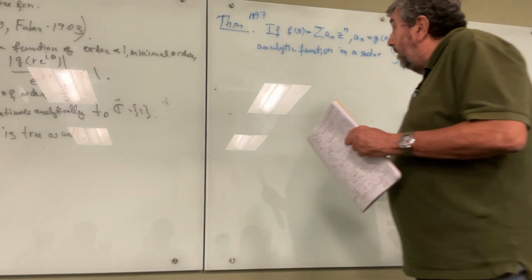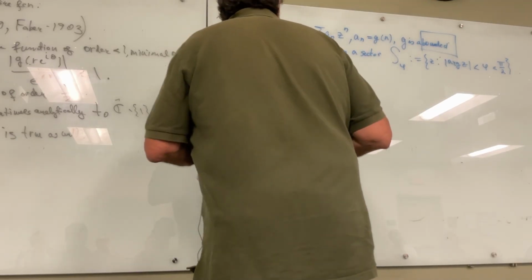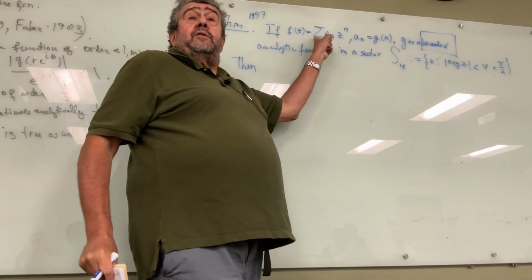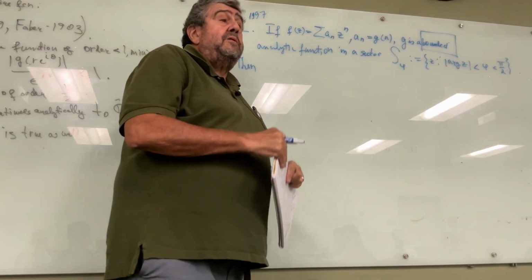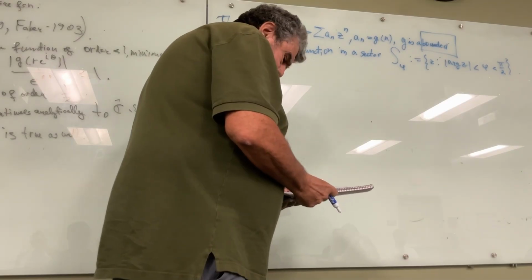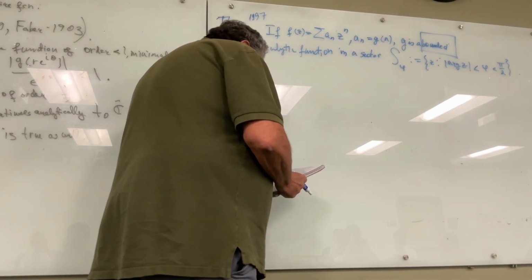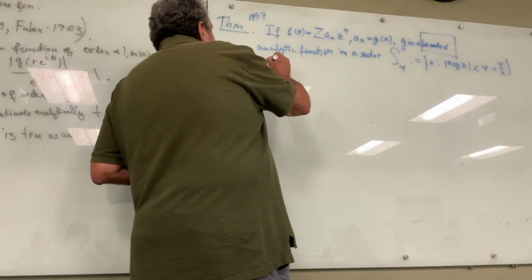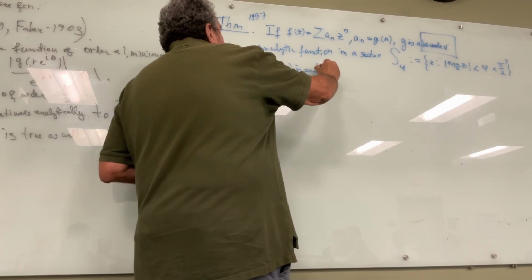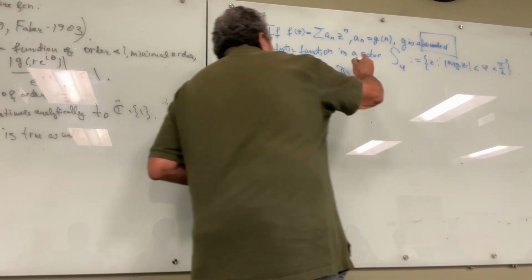Then, by the way, I don't have to say anything about the radius of convergence because it's automatic, it's 1. It's obvious from just taking the limit. So then f of z is analytic in the unit disk. That's Cauchy-Hadamard.